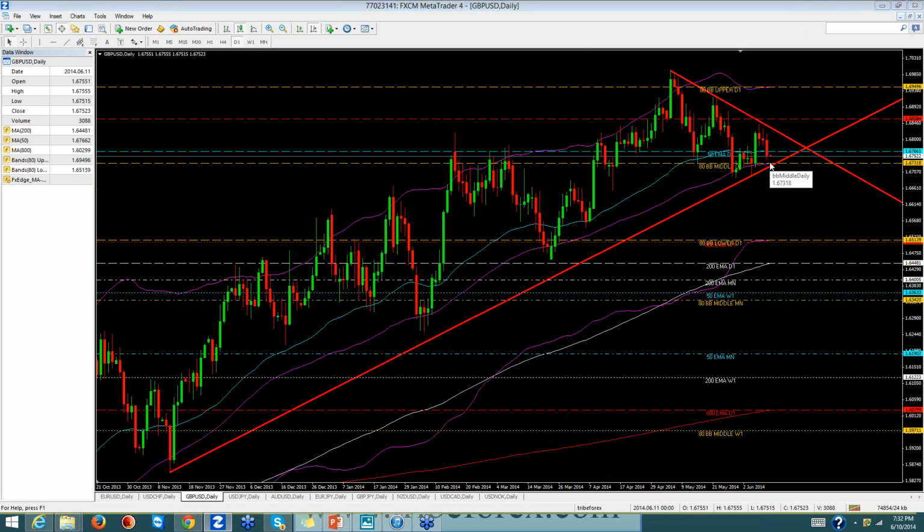We can see that price could come down to right about 1.6720, and we could probably look for a bounce there if the market wants to stay in consolidation, and we are in consolidation here on the pound dollar thus far. We're going to look for price to come down to 167.20, and then we're going to look to see what happens after that. If price does go through that, guys, we actually have nothing to stop us from reaching all the way down to 165.00. So that's something to consider for the time being.